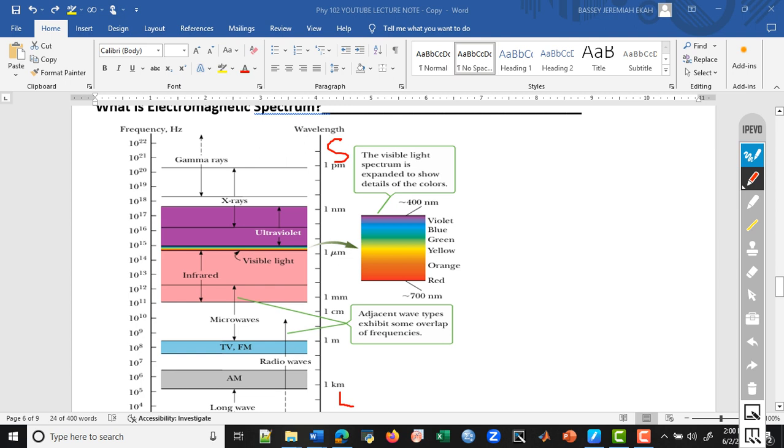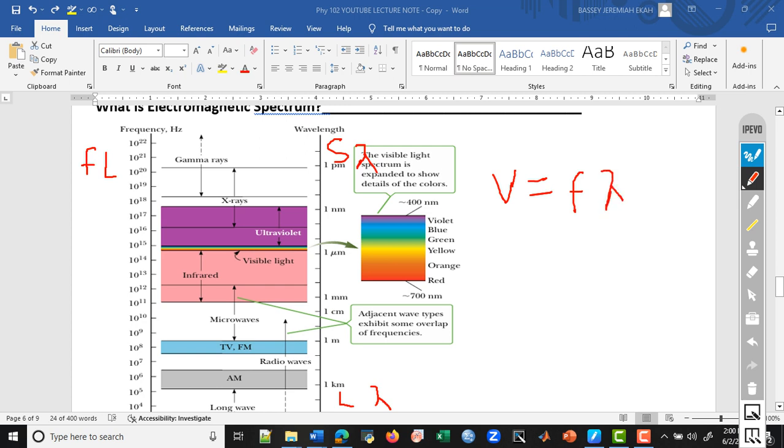Here we have short wavelength, long wavelength. On the other hand, if we are talking about frequency, frequency here is longer. Remember that V equals F lambda.